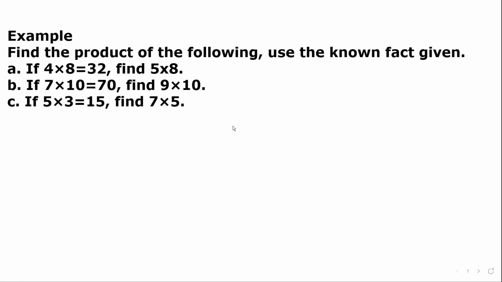Here, 5 times 3 is 15 is the known fact because there's an answer here. But 7 times 5 or 5 times 7 here is the unknown fact. That is why we are going to use the given known fact, which is 5 times 3, giving us 15, to find 7 times 5. Good.